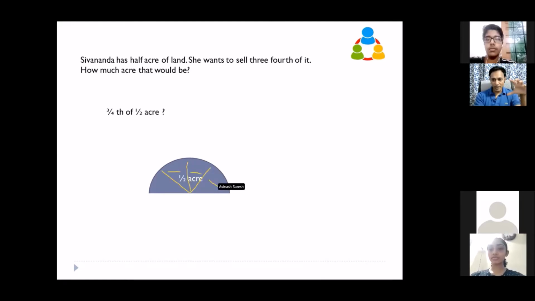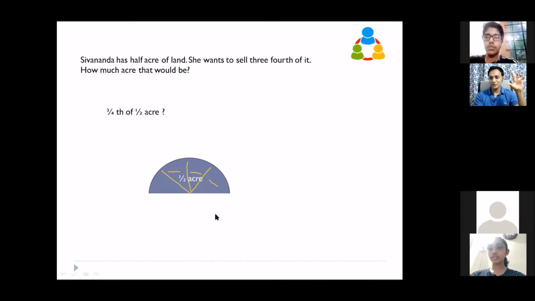So how did he do 3/4 of half? How do you get it? See, yesterday you remember 3/4 is 3 times 1/4, right? Remember 3/4 is 3 times 1/4. So if you get 3/4, you divide this into 4 pieces. The half acre you are dividing into 4 pieces, not the whole stuff.